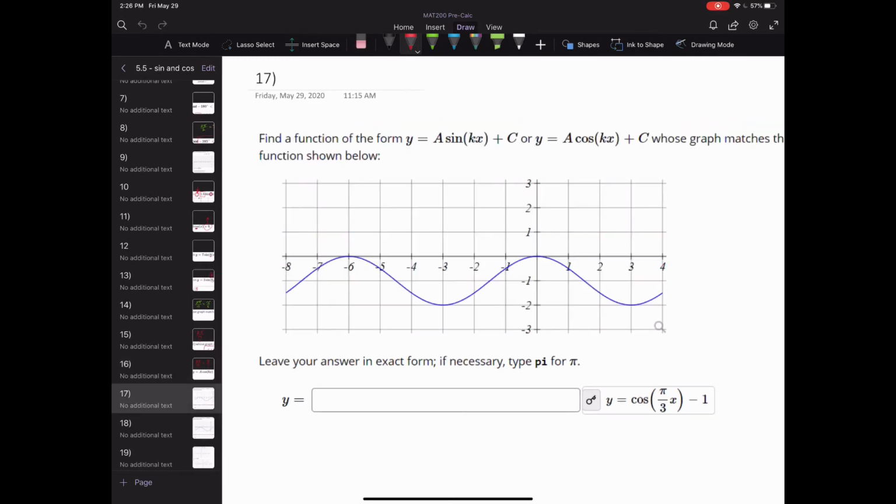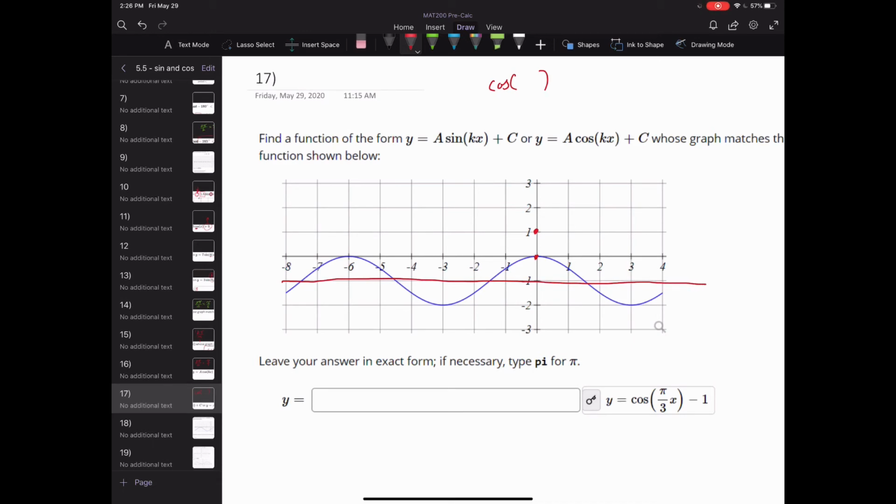Okay, same thing here. This one was definitely shifted down. Imagine you shift this whole function up 1, and that means this point would have been right here, right? And which function starts off at 1? Cosine. So I'm looking at the midline.